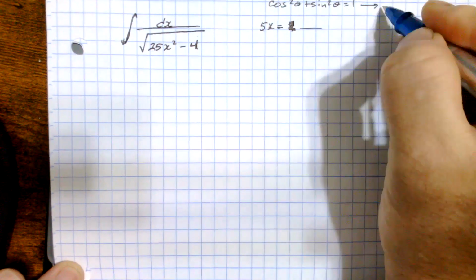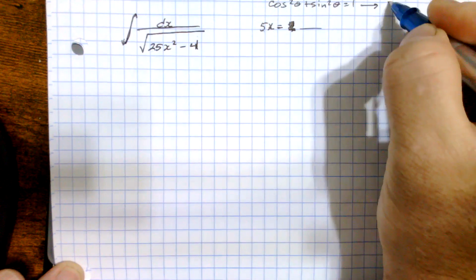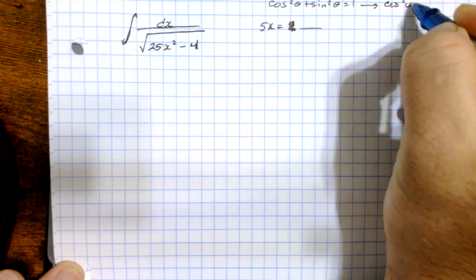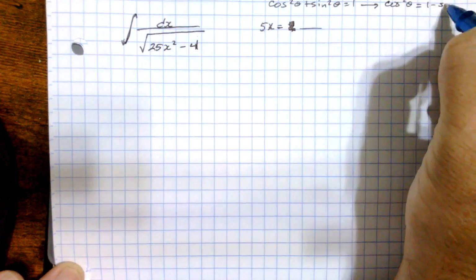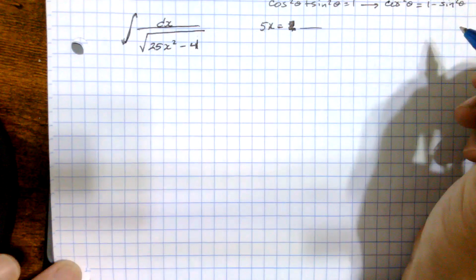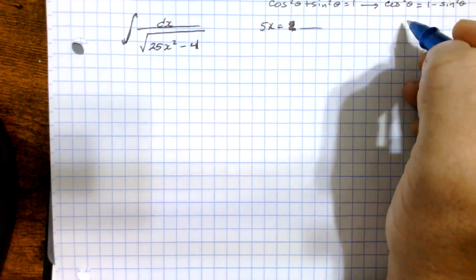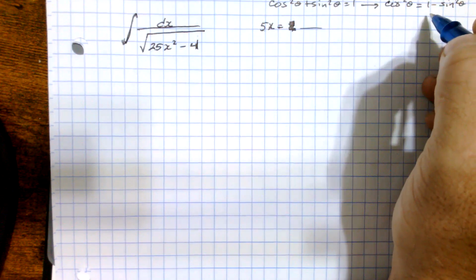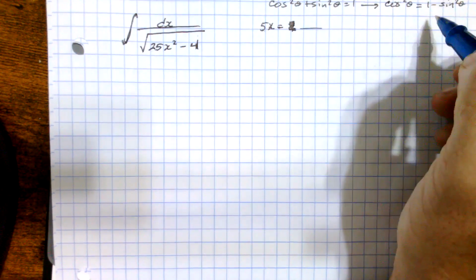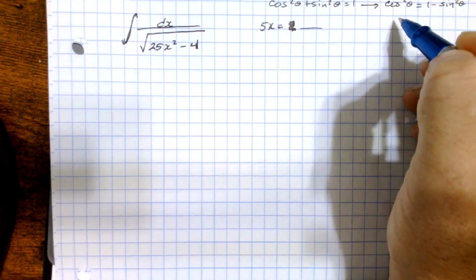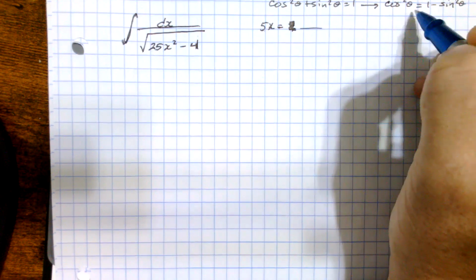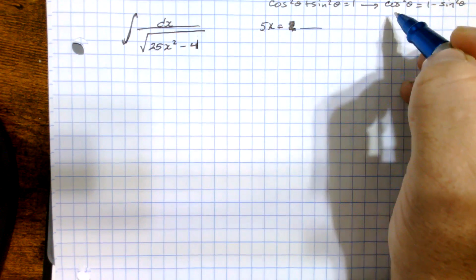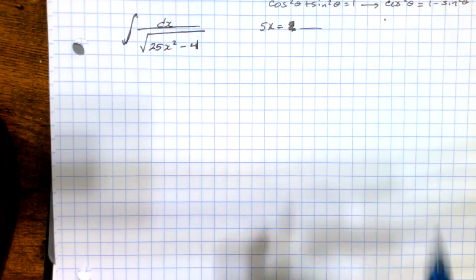I'm going to have cosine squared theta equal to 1 minus sine squared theta. Kind of starting off in the same fashion, but this isn't the exact form that I need, right? So what if I divide everything through by cosine?